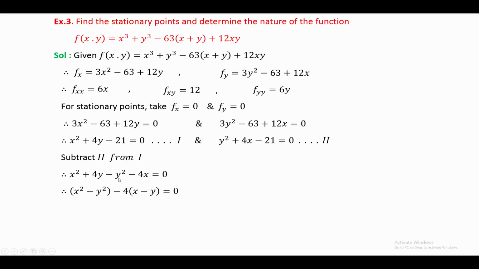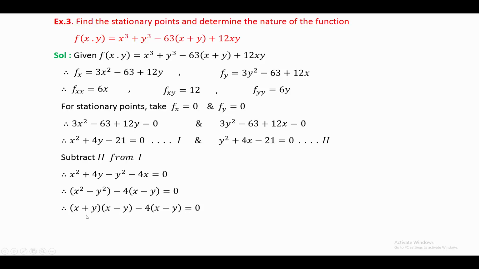Now combine these two terms in one bracket, x² minus y², and from these remaining two terms take minus 4 common into bracket, x minus y equal to 0. Now write down two factors of this bracket, x plus y and x minus y, minus 4 into bracket x minus y equal to 0.